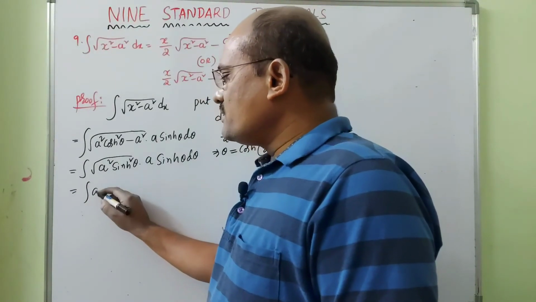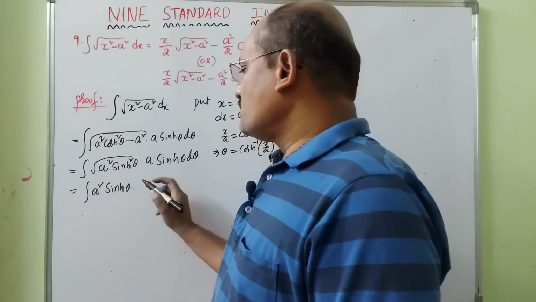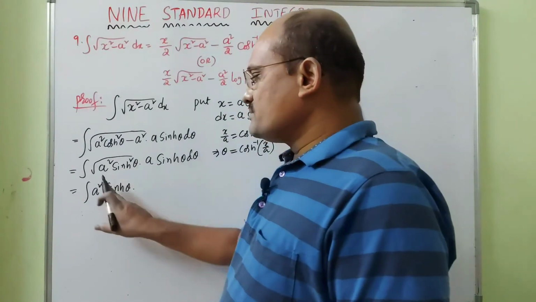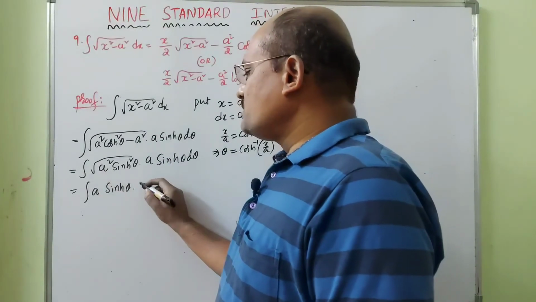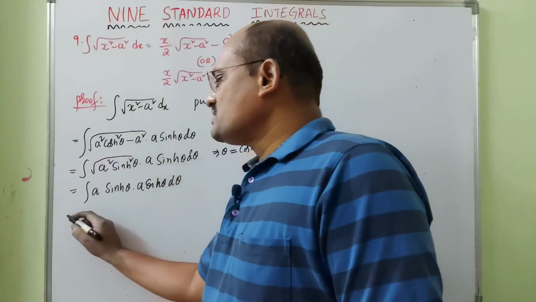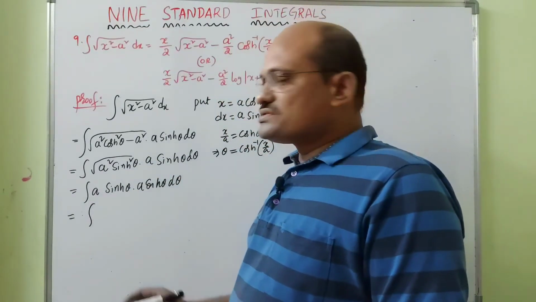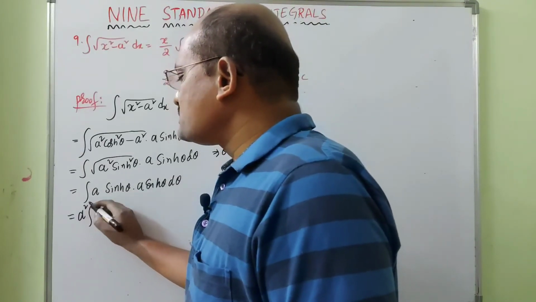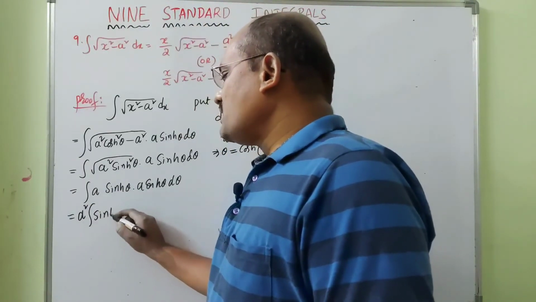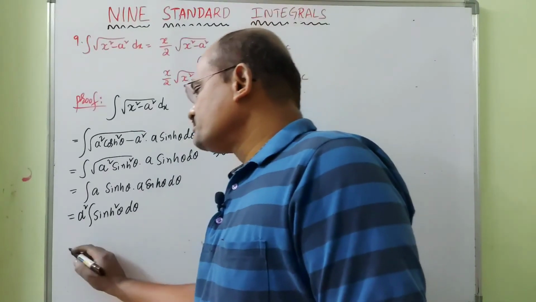Apply root, you will get a square sinh theta, a sinh theta into a sinh theta d theta. Apply root, squares cancel. Multiply, you will get a square sinh square theta. Write a square outside the integral of sinh square theta d theta.